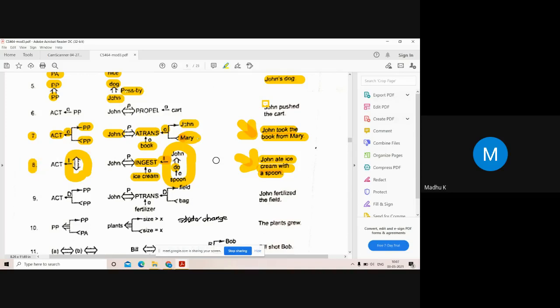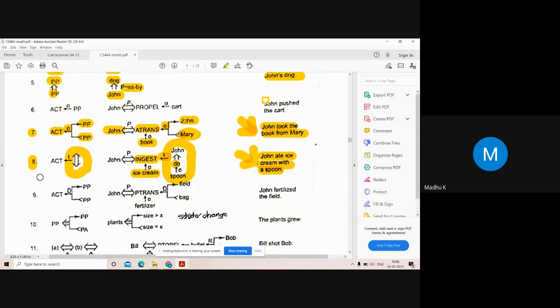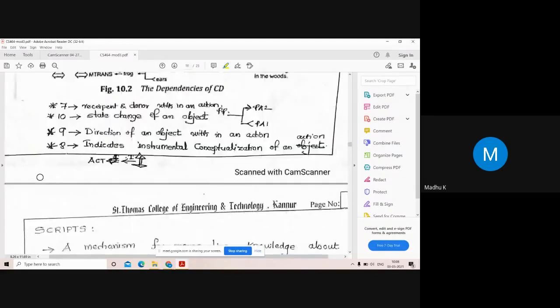For example, John or anything. Try to understand that concept. That is, if the sentence contains an action which is performed by using an instrument, also given in that case, we need to apply the eighth rule.